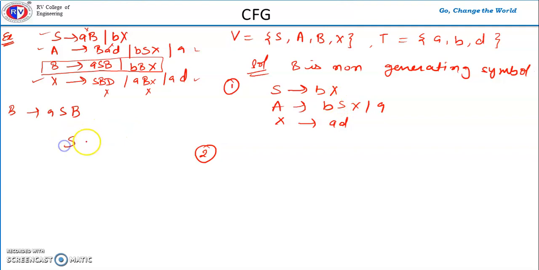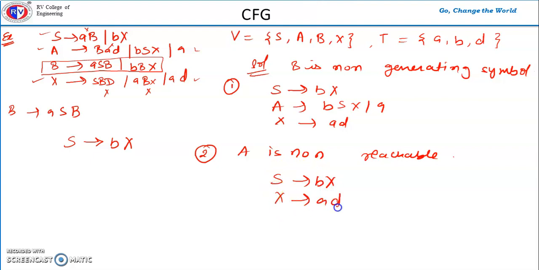So I take this production S to BX first, and then I can replace X by ad, but there is no way that I can reach A from the start symbol S. So A is non-reachable from the start symbol, which means whichever production contains A has to be removed. So S to BX will be there and X to ad will be there. This is the grammar after removing non-reachable symbols, and this is the final grammar after removing useless symbols.